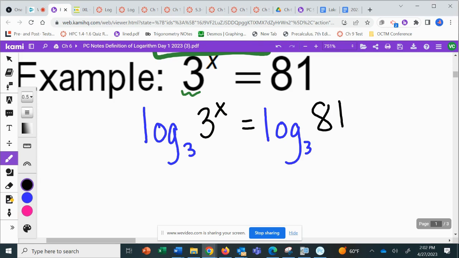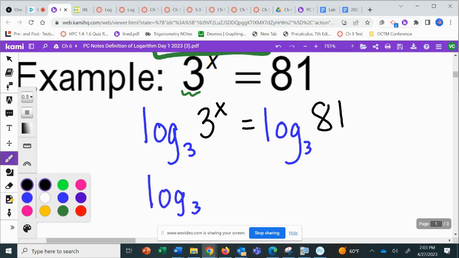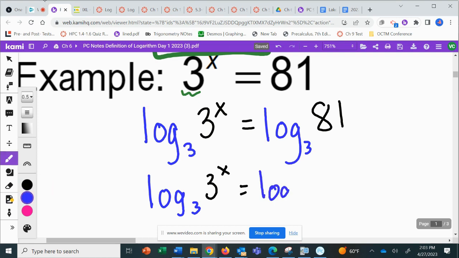The 81, I could take to a smaller number, to an exponent. What's 81? 3 to the 4th. Okay. So I'm going to rewrite this as log base 3 of 3 to the x equals log base 3 of 3 to the 4th.